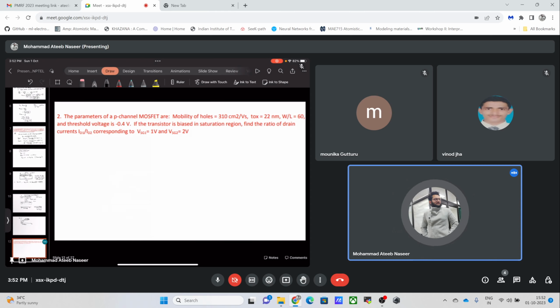So the parameters: the mobility is given to us, it is 310 centimeter square. The thickness of the oxide is given, the ratio of W by L, and the threshold voltage is also given. We have been told that the transistor is biased in the saturation region. If it is in saturation region, we need to find the ratio of the two currents, ID1 by ID2, when the source to gate bias, because gate to source bias will now be negative.